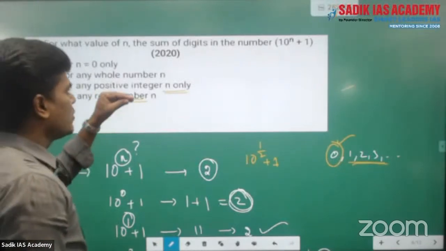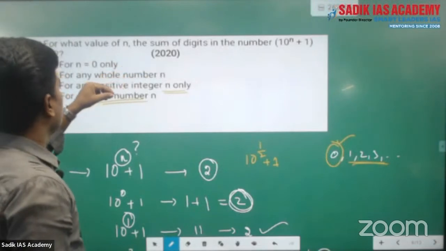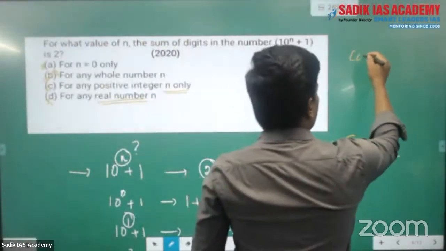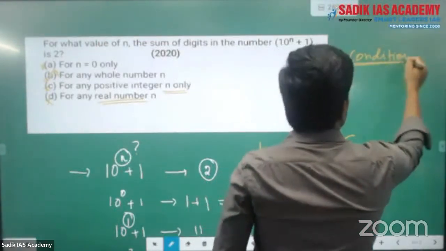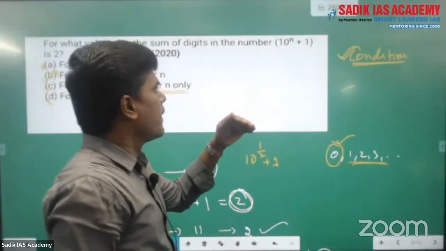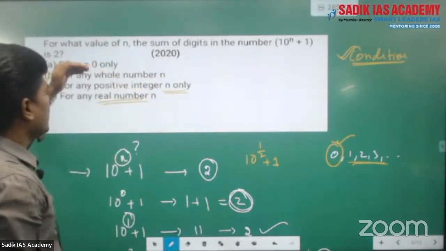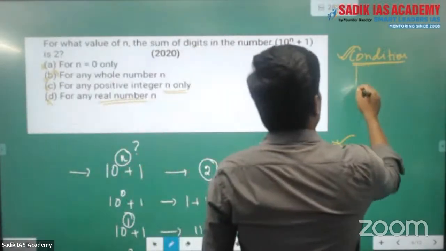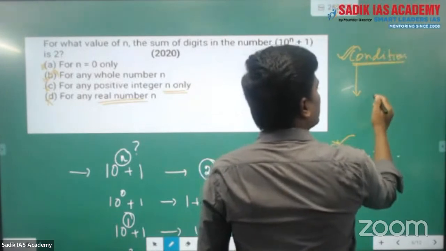So what is it that I'm trying to explain here? This is another method in which they'll give one condition or statement. This is a true condition, the condition or statement is true, and that condition you have to validate by 4 options. So what are the statements satisfying the conditions?